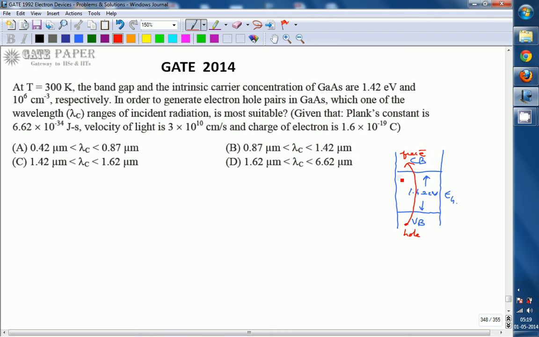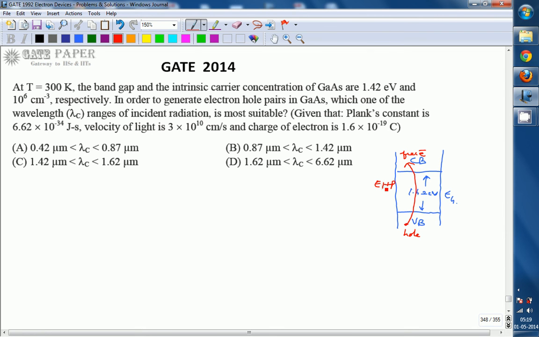So every valence electron, whenever it reaches the conduction band, creates a hole in the valence band and a free electron in the conduction band. This is called electron hole pair generation, EHP.